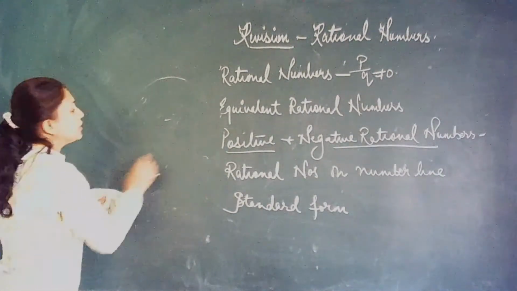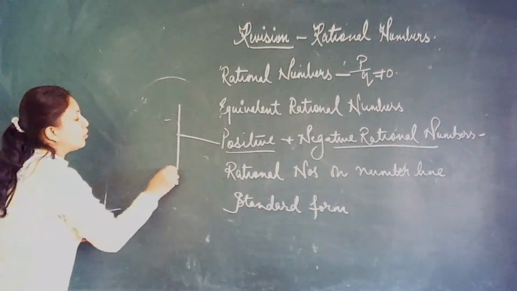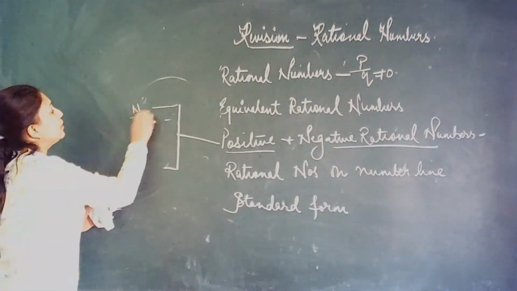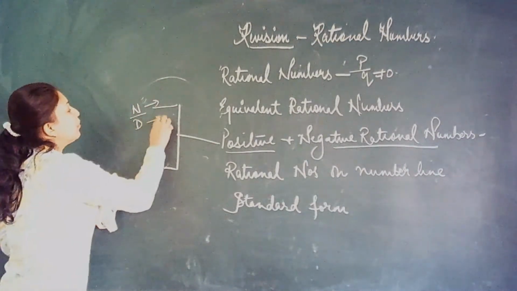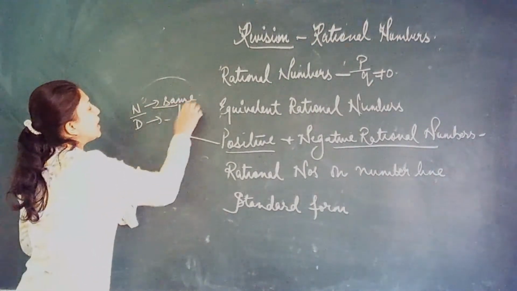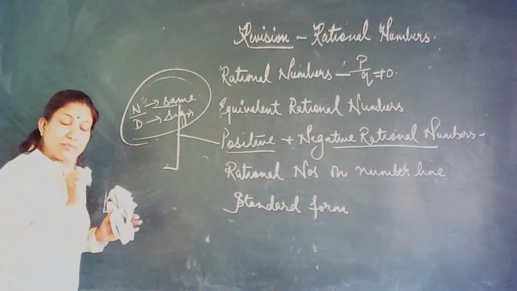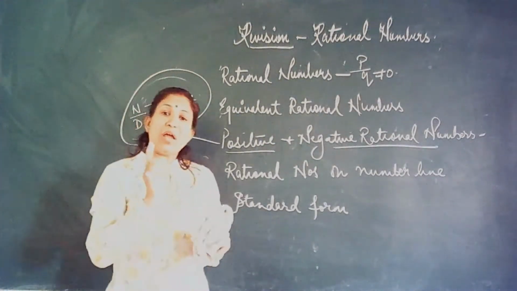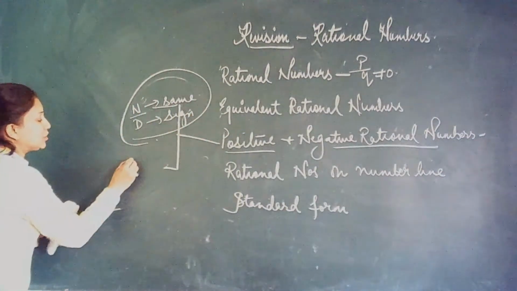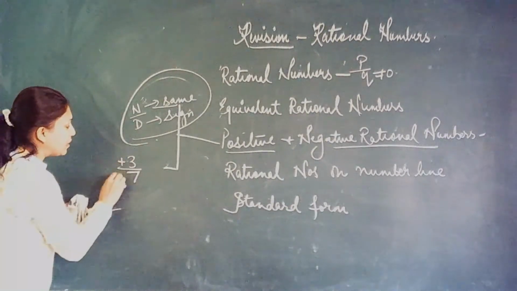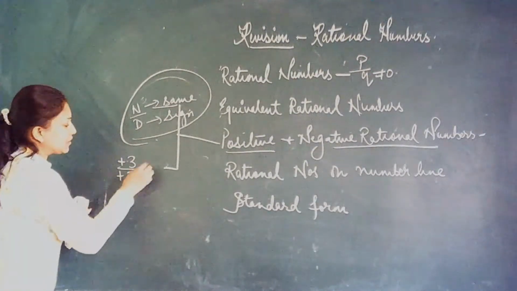So that means when we want to learn about positive rational numbers, the numerator and the denominator both will have the same sign. Understand this. Check. When I say 3 by 7, it means plus 3 upon plus 7.